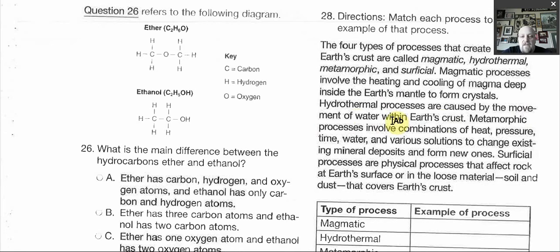Hydrothermal are caused by the movement of water within the Earth's crust. Metamorphic processes involve combinations of heat, pressure, time, water, and various solutions to change existing mineral deposits and form new ones. Superficial processes are physical processes and involve the top layer of the earth.